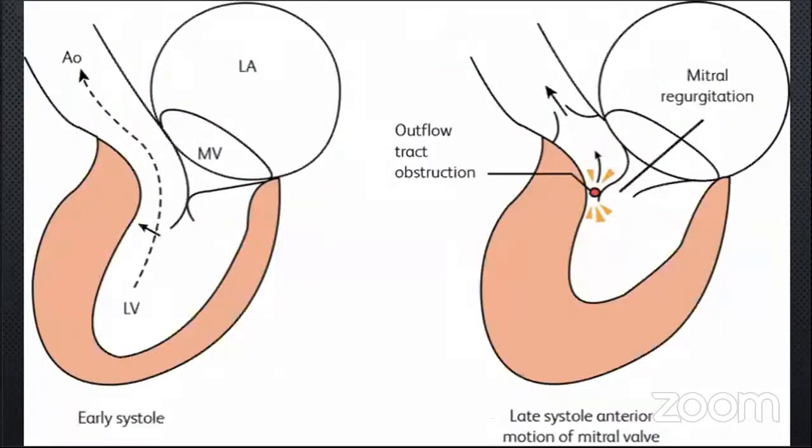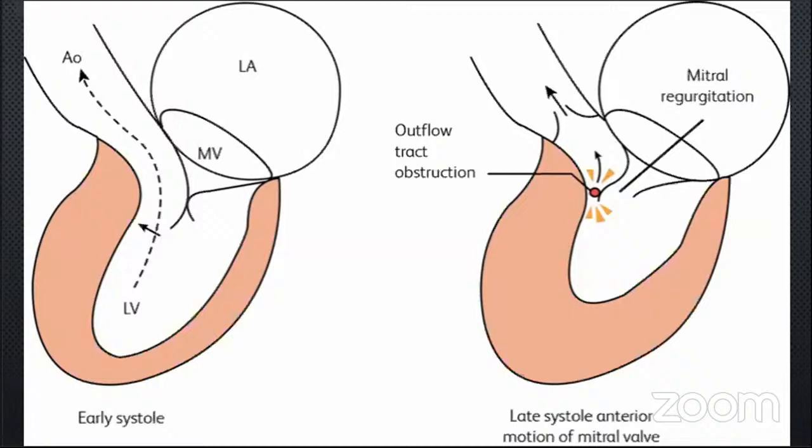So here also we can see in early systole, the left ventricular outflow is open to the aorta. And let me tell you that the aortic root, even before the beginning of systole, is more or less increased in size. That is due to pulsatility phenomena.